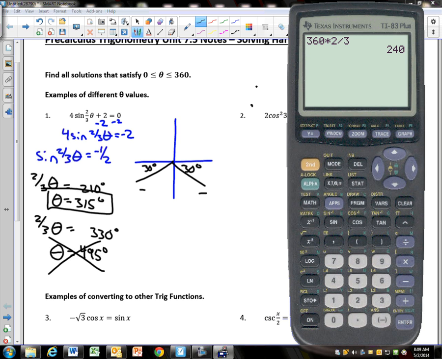So we came out with one angle that was less than 240, right? So you could have seen right away that 330 wasn't going to be the one that would work, because 2/3 of 360 is 240, so it kind of gave us an indication ahead of time.